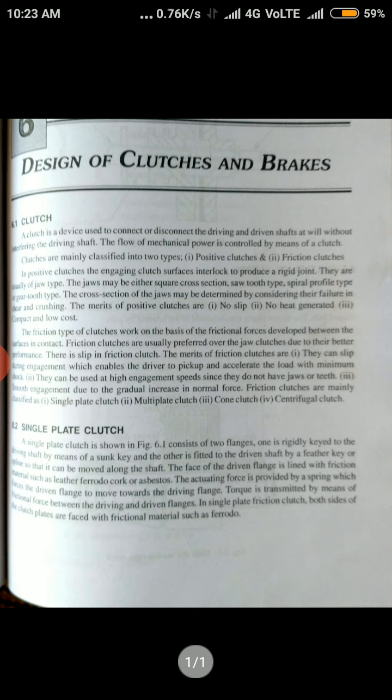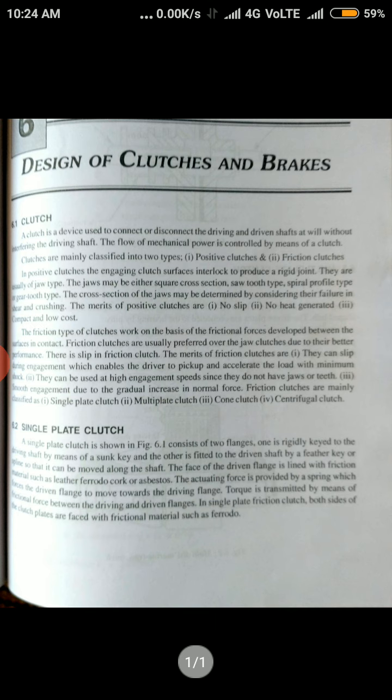If you want a higher speed of the vehicle, the smaller gear of the driven shaft engages the driving shaft. If you want a lower speed, using the clutch you change the gear, so that the larger gear engages with the driving shaft gear. That way we can reduce the speed of the vehicle.